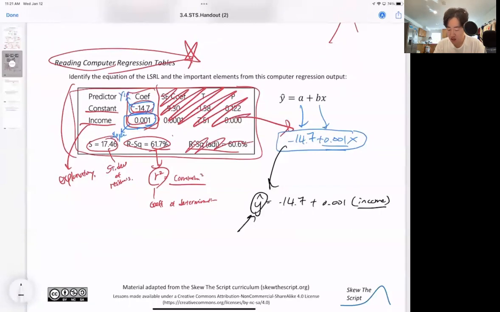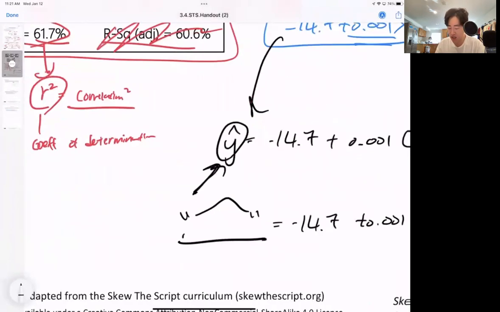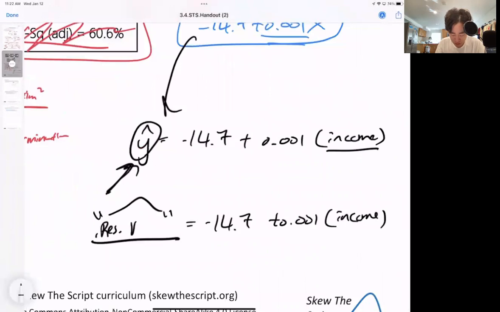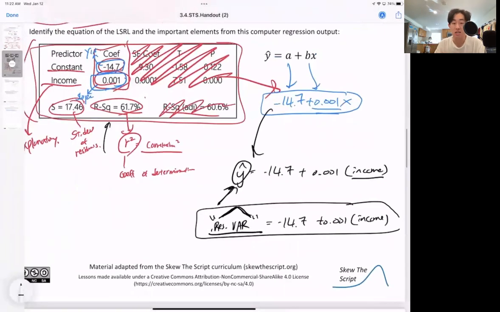So let's say this is income, and, I don't know what other context I would say, but whatever context they gave you, you put a little hat over it, and you're going to write negative 14.7 plus 0.001 times the income. Say, the number of houses, that's a terrible example, but any word context that they gave you as a response variable, you're going to literally write word for word there and put a little hat over it. And that is how the least squares regression line, or the best line of fit equation, will come from this table.